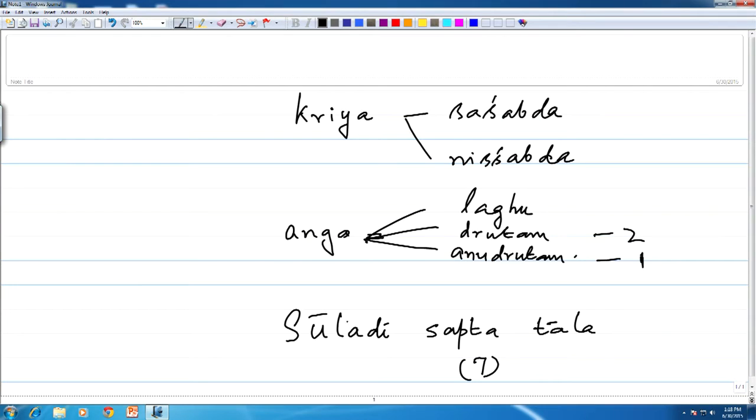Suladi is actually a compositional form that originated in Karnataka, and Purandaradasa in the 15th and 16th century is credited with incorporating the Suladi Saptatala into Carnatic music. Now what is the Suladi Saptatala? We will see this just now.